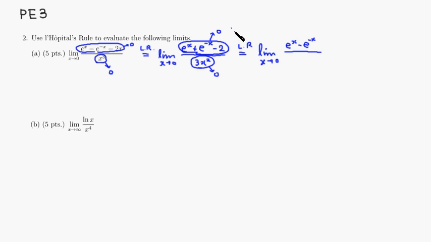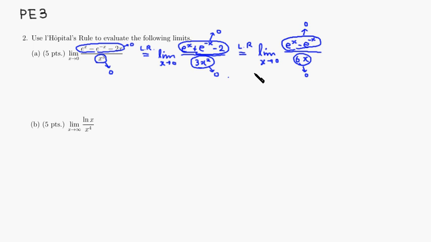And derivative of 3x squared would be 2 times 3 is 6, and x, 6x. Then plug in. So e to the 0, which is 1, minus e to the 0, 1 minus 1. So again, the numerator approaches 0, and 6 times 0 is 0. So we apply L'Hopital's rule again.